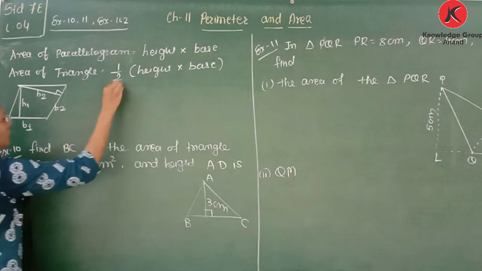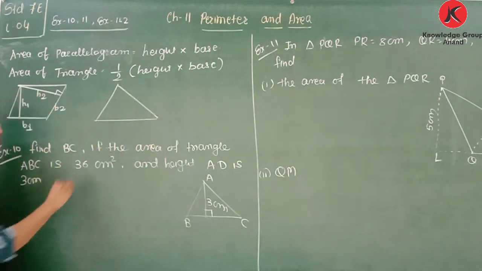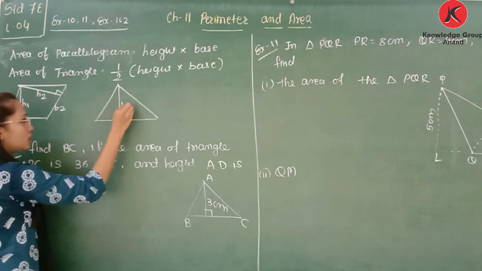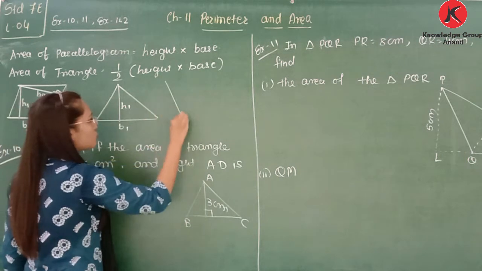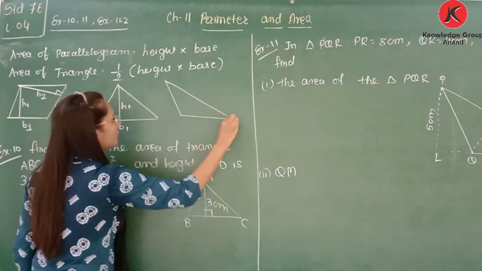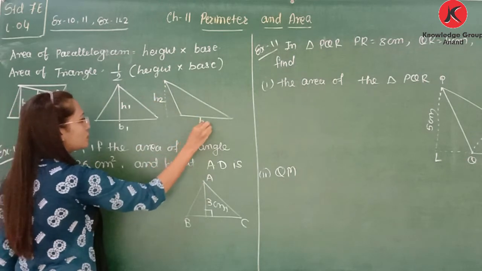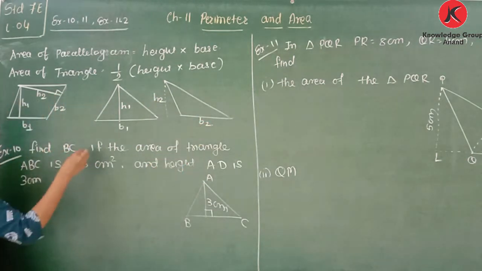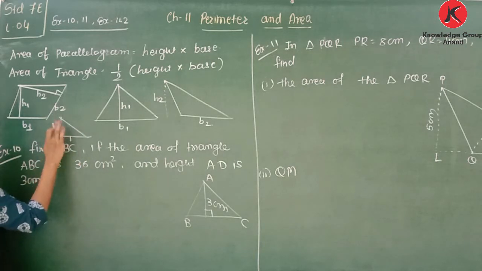If we draw a triangle, if it is an acute angle triangle, then height will be this one and base will be this one. If you consider an obtuse angle triangle, then your height will be outside the triangle, that is h2, and base will be this one. And if you consider a right angle triangle, then this will be your h1 and this will be h3 and this will be your base.